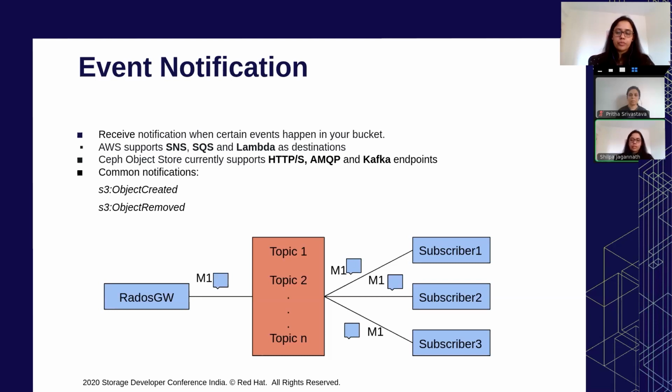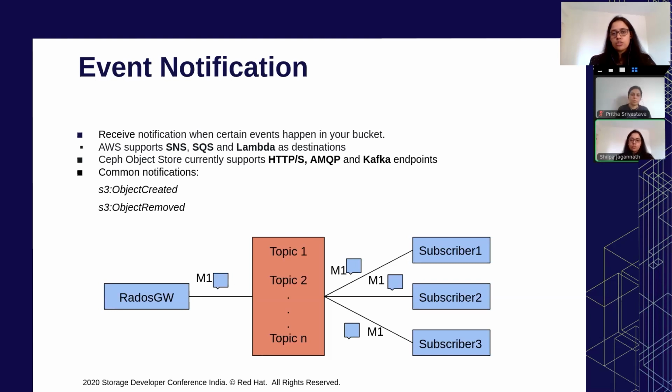But in AWS, they also support replication events and backup restore events. AWS supports Amazon SNS, Simple Notification Service, Simple Queue Service, and Lambda. And Ceph supports some of the common messaging services like AMQP, RabbitMQ, and Kafka.